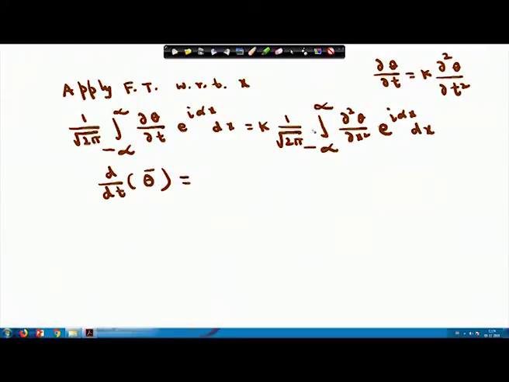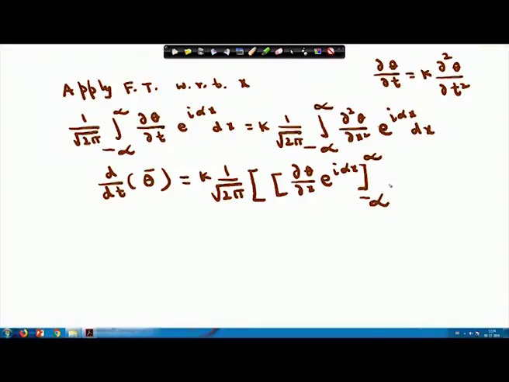And on the right hand side, I have to use integration by parts to find the value of k into 1 by root 2π. The first term will be ∂θ/∂x into e^(iαx) from minus infinity to infinity, minus iα will come over here, integral from minus infinity to infinity of ∂θ/∂x into e^(iαx) dx.